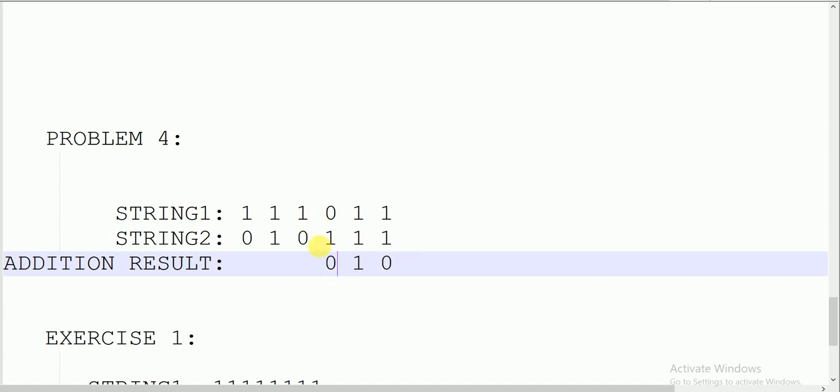Now let's get to the fourth one. So 1 and 1, 0 with a carry, 1 and 0. 1 and 0 with a carry. So 1 and 1 is, the result is 0 with carry 1. So 1 and 1 again here, but this time another carry, so 3 ones, and the result is 1.